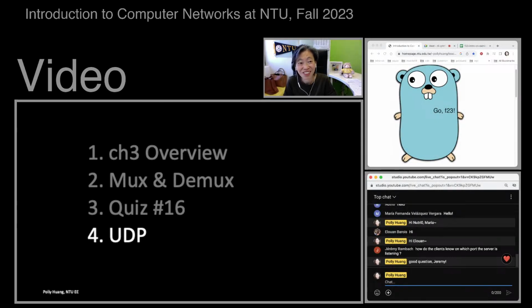All right, so two types of demultiplexer. And Jeremy was asking, how does a client know which port the server is listening on? Very good question. If you recall in chapter 2, application layer protocols, when we introduced HTTP, for example, the HTTP server default port number is what? 80, recall? DNS also has a default listening port number. Similarly for, I think, Skype, even BitTorrent.